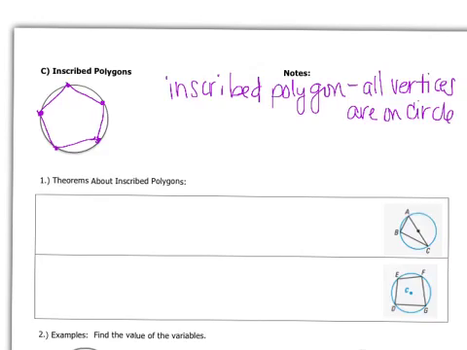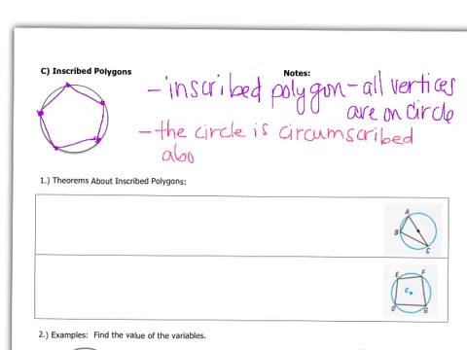We say that the circle is circumscribed about the polygon. So circum just means circle or around.